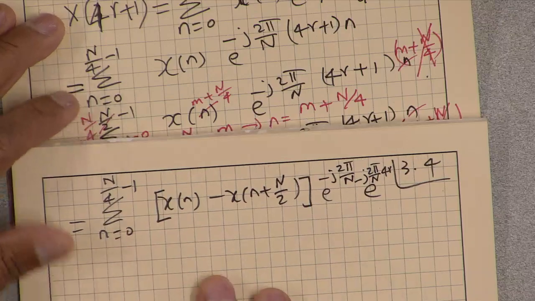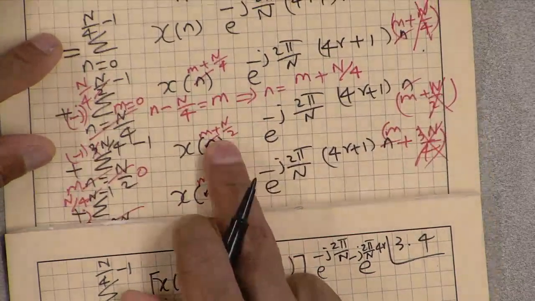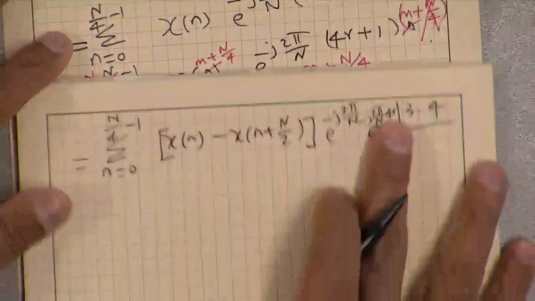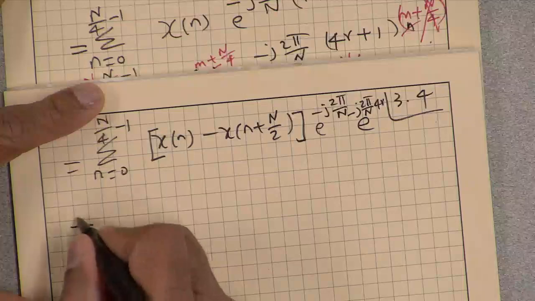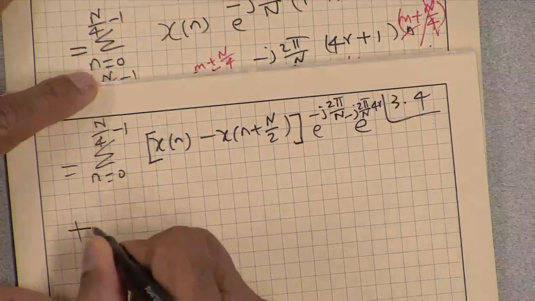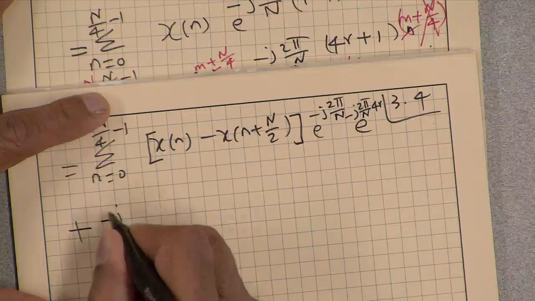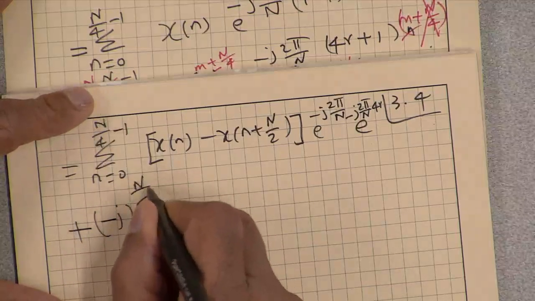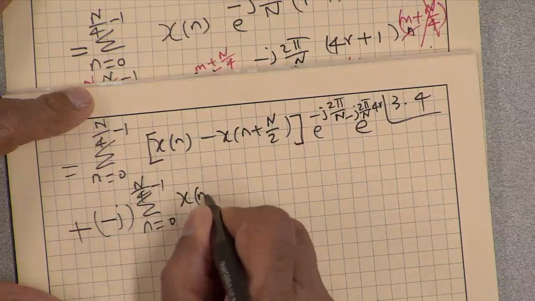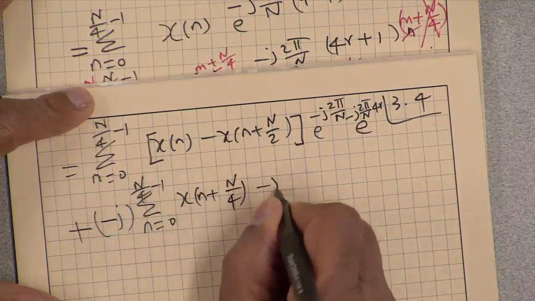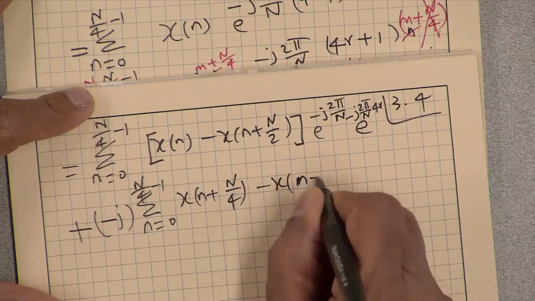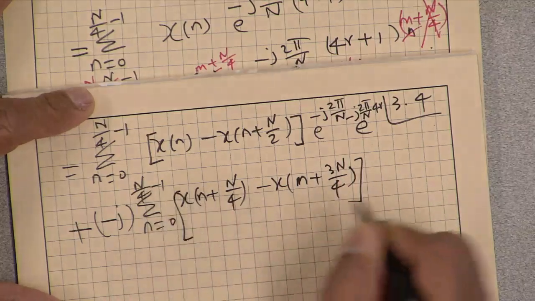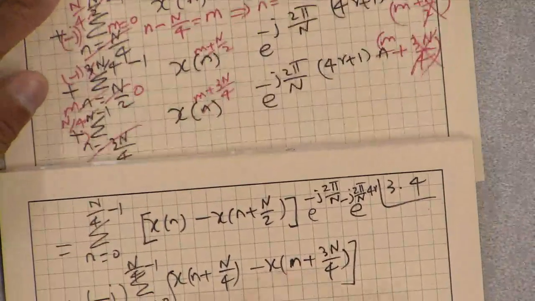What about the next two? That's n plus n by 4, minus j taken outside the bracket. So that's plus minus j times the sum over n equal to 0 to n by 4 minus 1 of xn plus n by 4 minus xn plus 3n by 4, times everything else, which is the same, right?